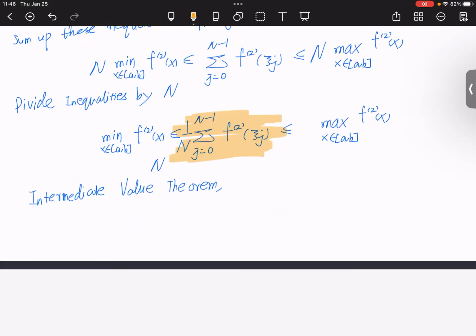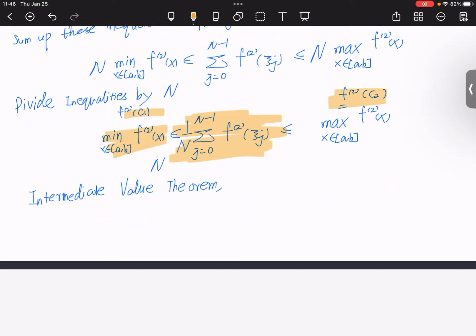So this means we have f''(c1), the minimum, and f''(c2), the maximum.